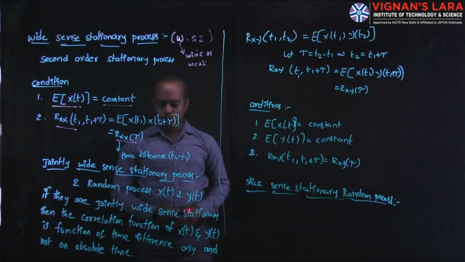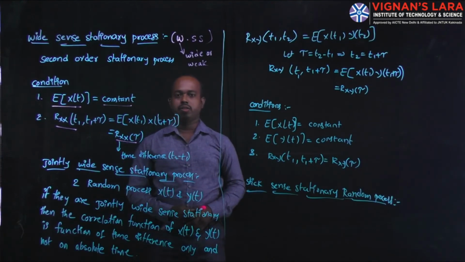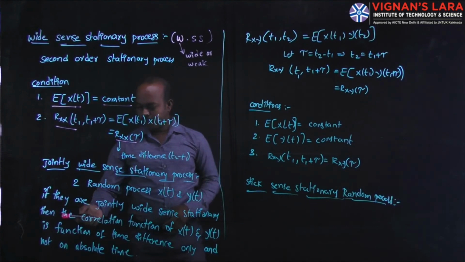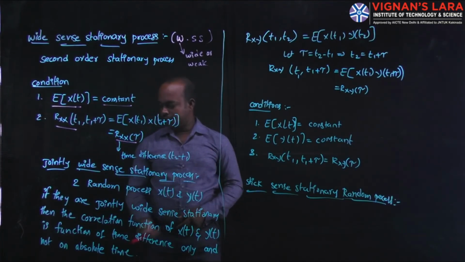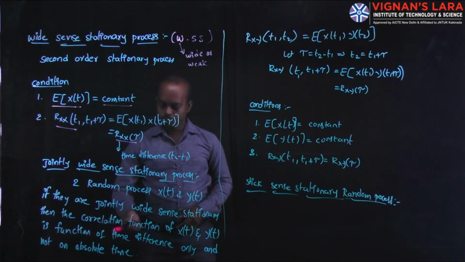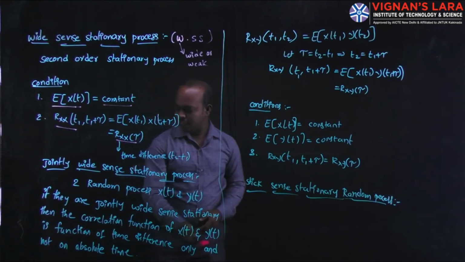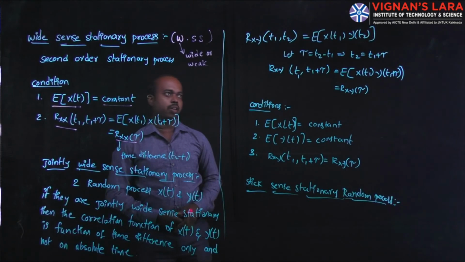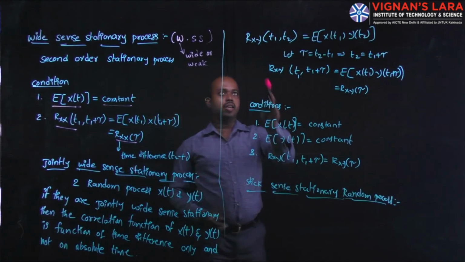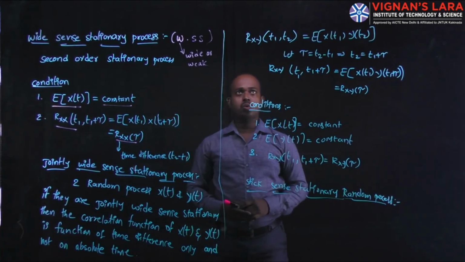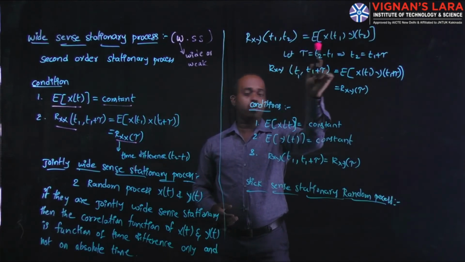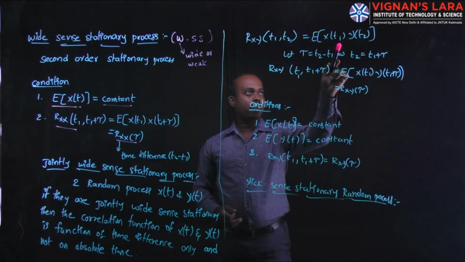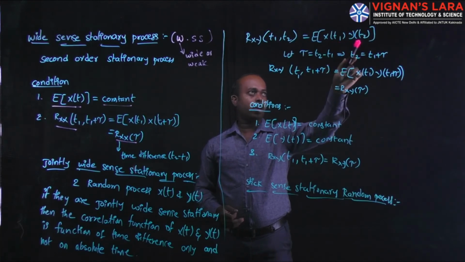If they are jointly wide sense stationary, then the correlation function of x(t) and y(t) is a function of time difference only and not of absolute time. That is, the cross correlation function R_xy(t1, t2) is equal to the expectation of the random processes x(t1) and y(t2).